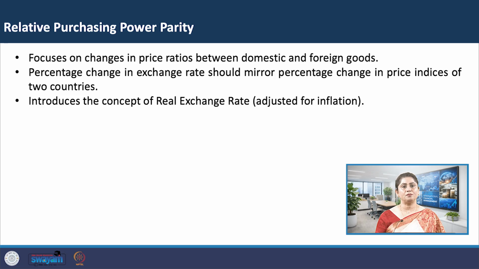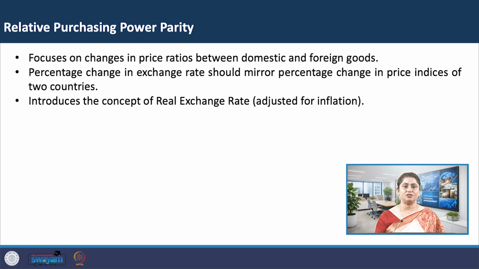The central idea behind RPPP is straightforward. If prices rise faster in one country than in another country, its currency should gradually lose value relative to the other country's currency.